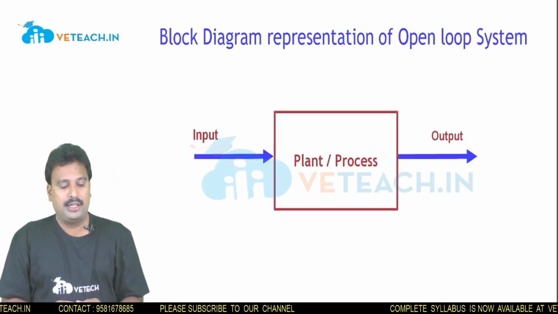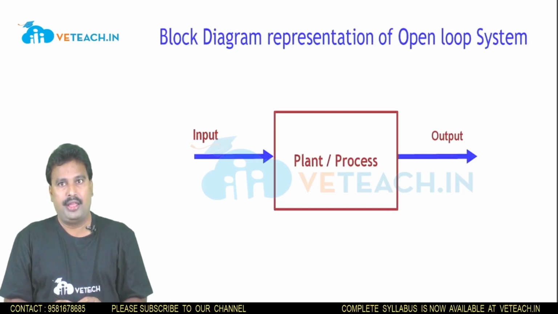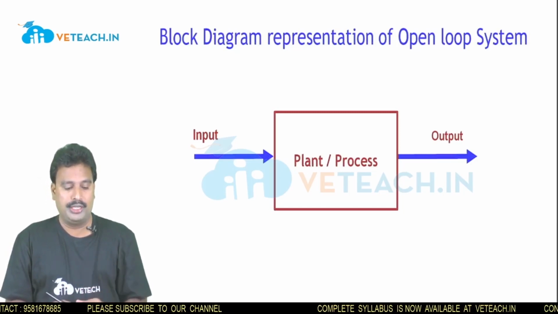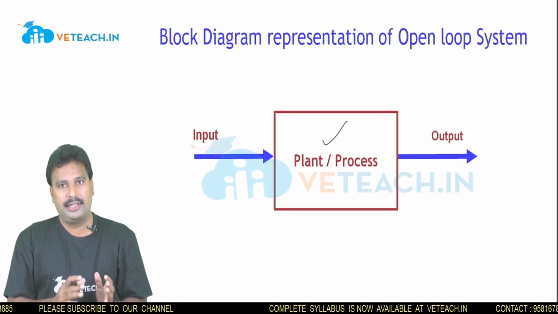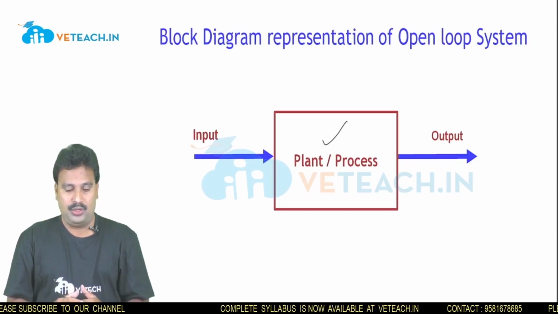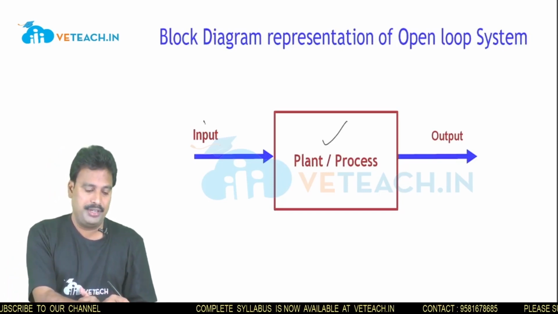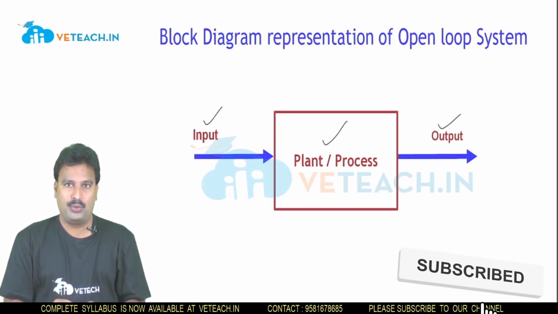Now we see the block diagram representation of an open loop system. In an open loop system, we know that there exists a process or plant, which is nothing but an activity that is to be controlled, which is to be supplied with a certain number of inputs and gives a certain number of outputs.